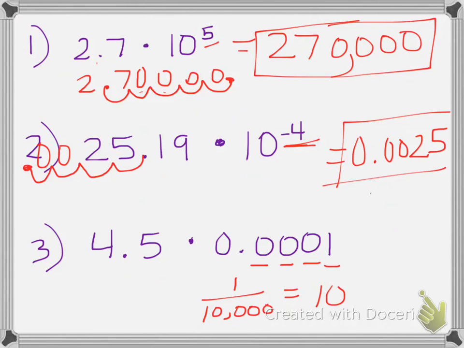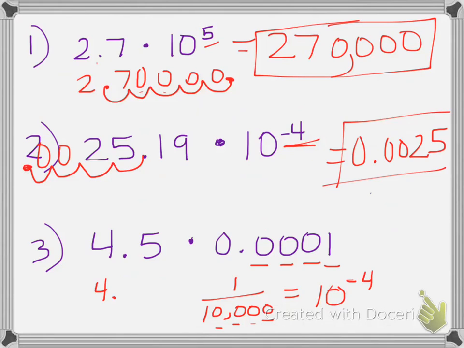Well, I know it's going to be a negative exponent. So in my mind, right away, I'm knowing I need to make this number smaller over here. So 1, 2, 3, 4. There's 4 zeros down here, so I know my exponent needs to be 4. So 10 to the negative 4th. Makes it really easy then for me to know I need to move my decimal 4 places, and in this case to the right.